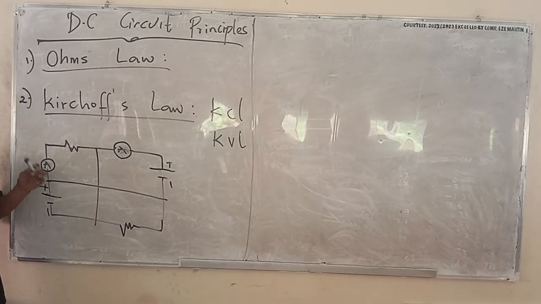You're looking at Kirchhoff's rule. He said that if current is to flow inside these circuits, you should look for what we call a junction. Another name for junction is node.